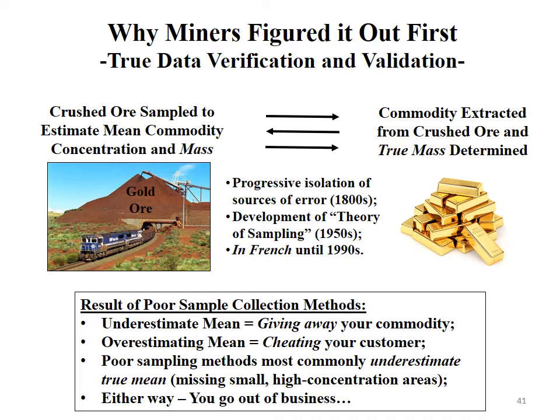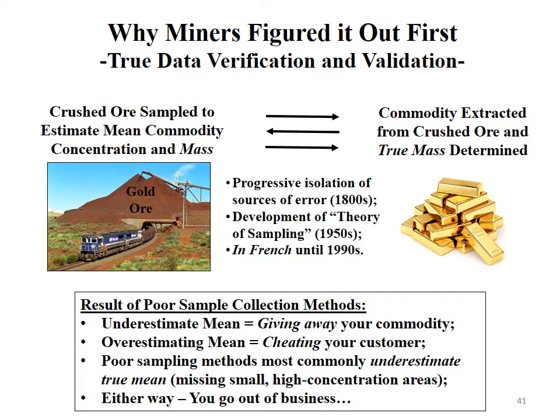Well, they knew since back in the 1800s, the initial discrete type sampling methods they were using for crushed ore could be totally wrong. And over the next 100 years, really, they progressively isolated different sources of error that we talked about before. Mass, shape of the particles, size of the particles, density, all these details.